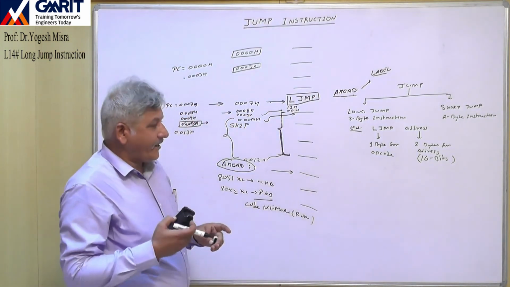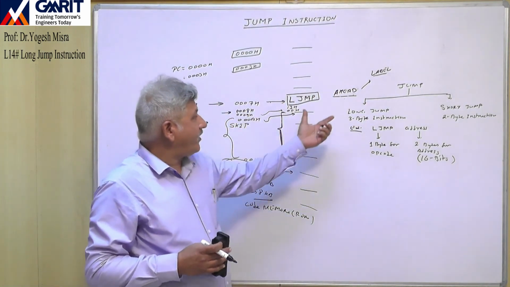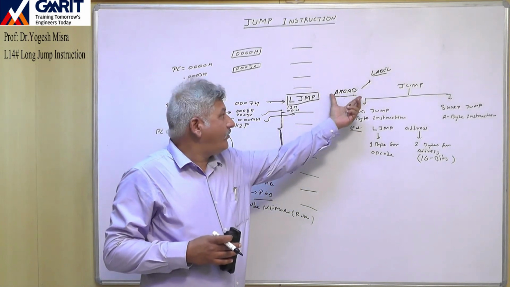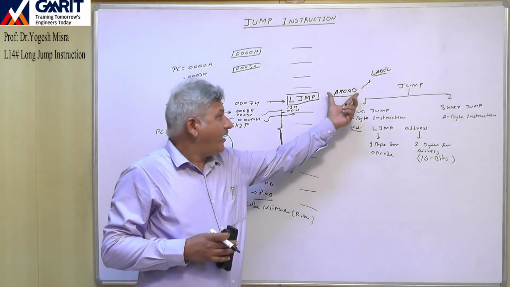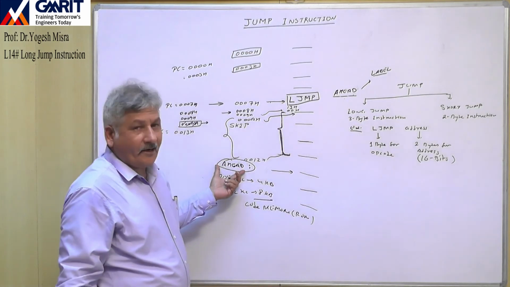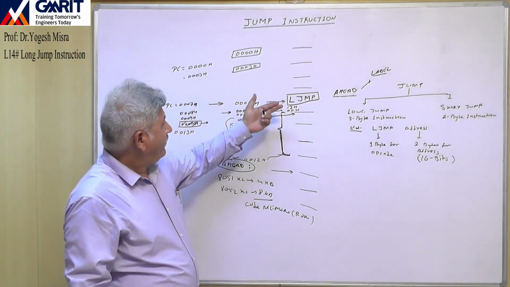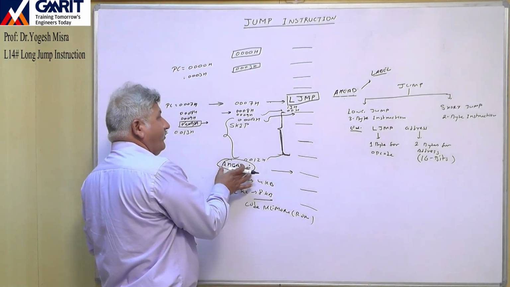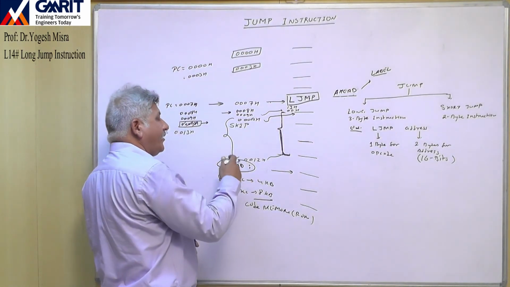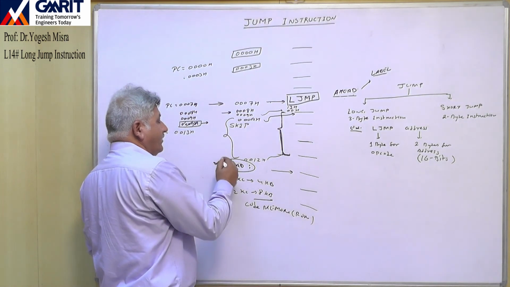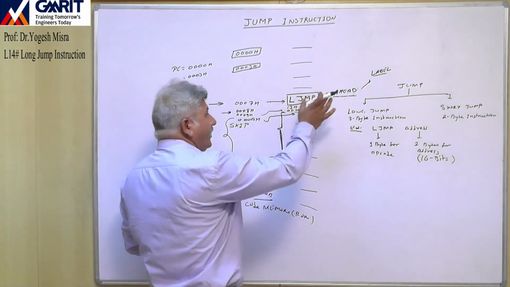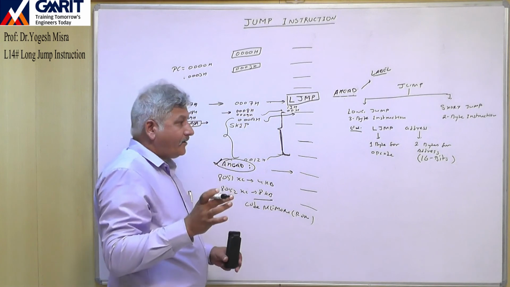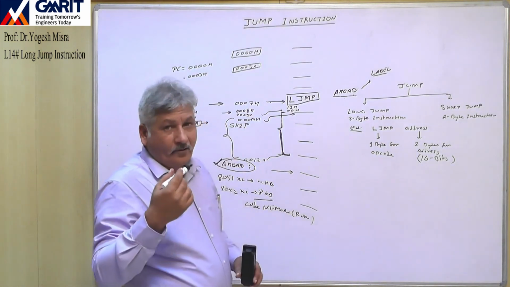So while writing a program, there is no need to write the address, we can write only the label here, and the same label we mention here. Wherever the assembler finds the same label, it will automatically calculate this address and replace the label by the address.